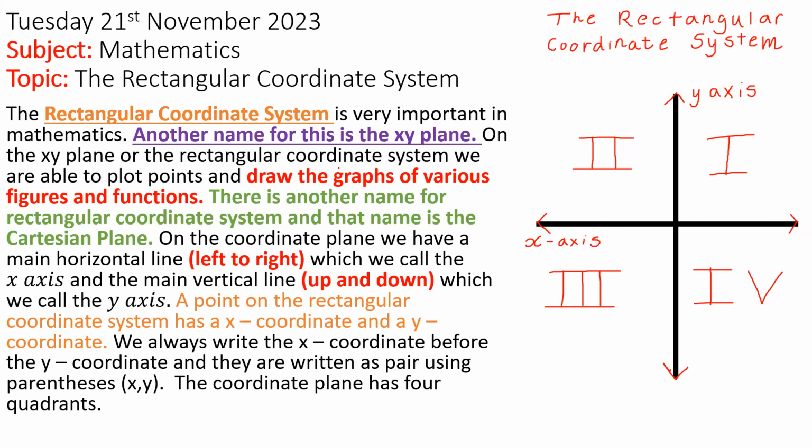Zara, any questions for me? No, sir. Tanaz, any questions? Tanaz Forbes, do you have any questions for me? Where's Tanaz? Yes, sir. Do you have any questions for me about the rectangular coordinate system? No, sir.